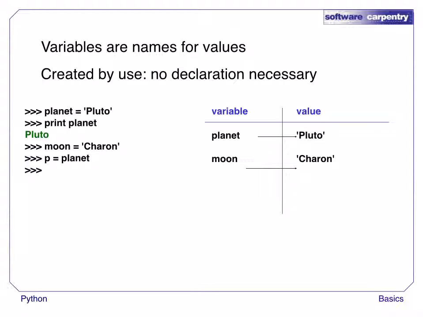We can also assign variables to variables using a statement like p equals planet. This creates a new variable as before, but this time the variable points to the same value that planet was pointing to. And sure enough, if we print p, Python displays the string Pluto.